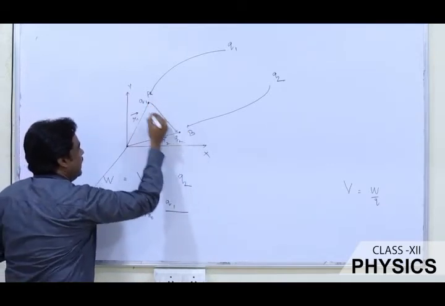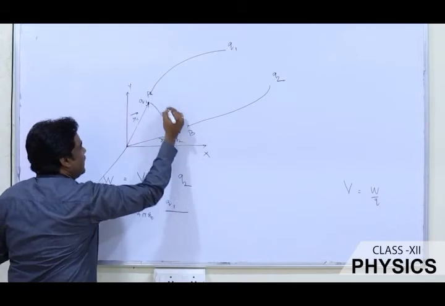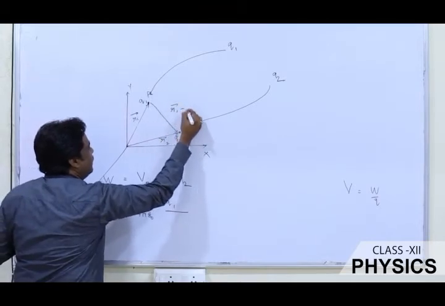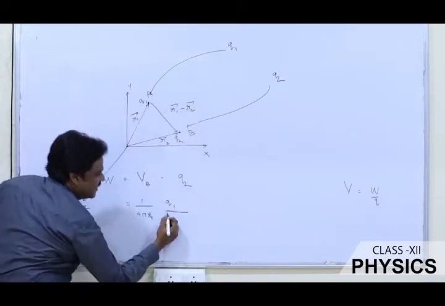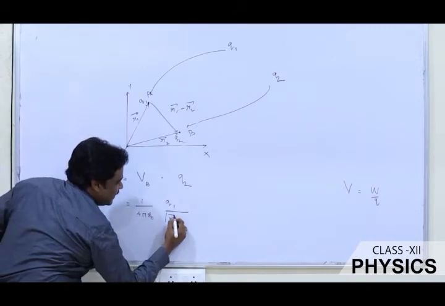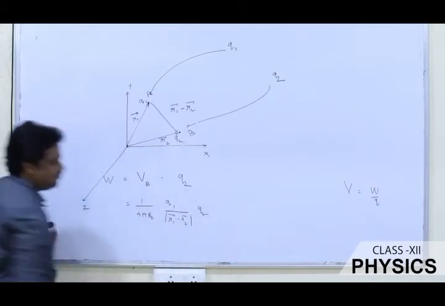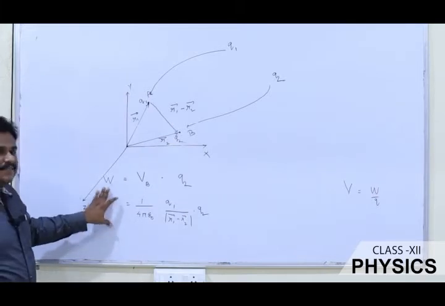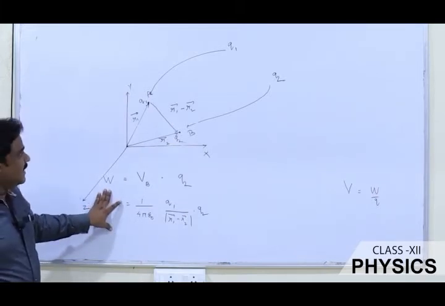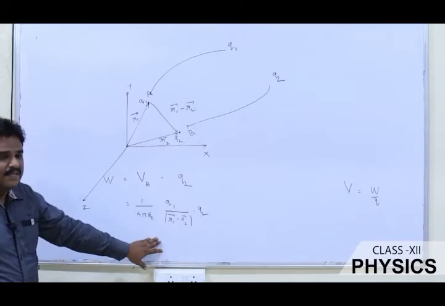AB, obviously I am going to write it as r1 vector minus r2 vector, but we are concerned with magnitude only. So it is r1 vector minus r2 vector, into q2. This is the work done in bringing the charges from infinity to their respective location.